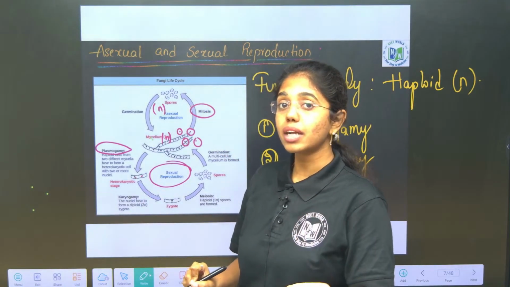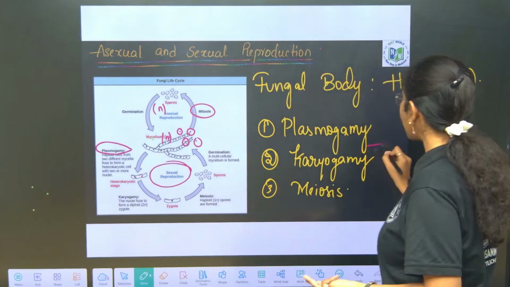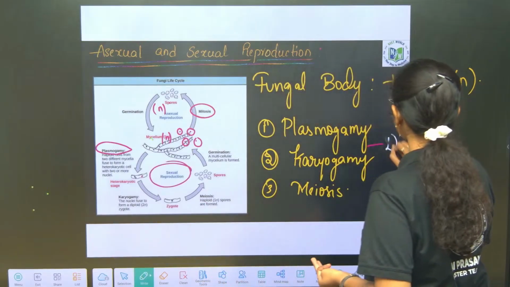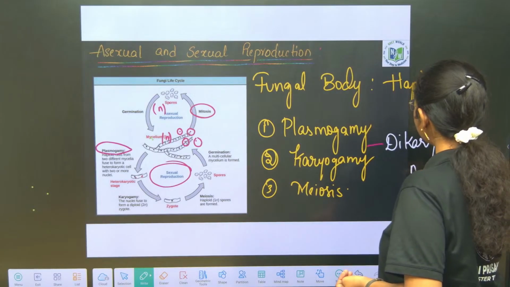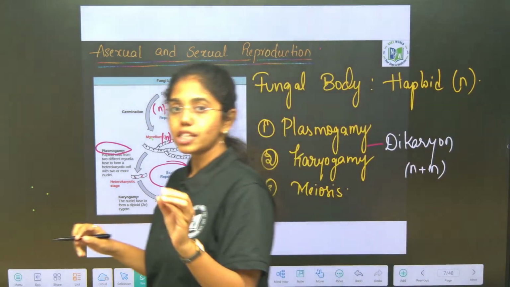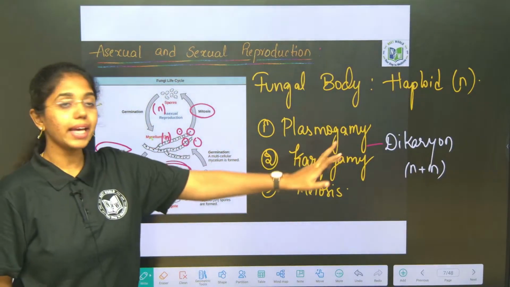In the advanced classes of fungi like Ascomycetes and Basidiomycetes, a dikaryon stage is observed after plasmogamy, that is the N plus N condition, after fusion of cytoplasm, before the nuclei fuse.